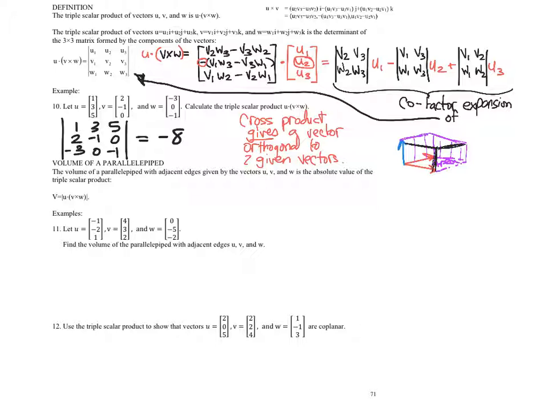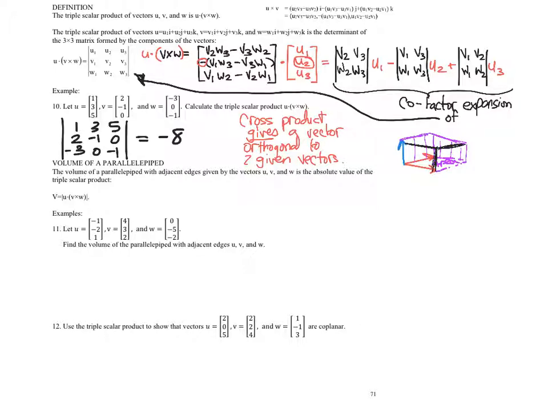Now, if those vectors are along axes, that's easy, length times width times height. But if they're going off into weird directions, that makes it a lot more challenging. So this concept allows us to come up with those volumes very quickly and easily. Anytime they're asking you to find the volume of the parallelepiped, they're asking you to find the absolute value of the triple scalar product, which is the same as saying find the determinant and drop any negatives that might be there.